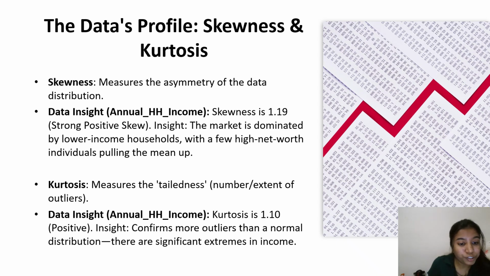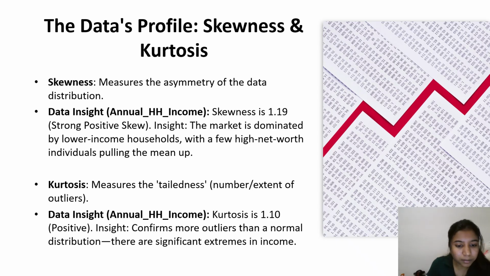Now, for the shape of the data, skewness and kurtosis. Skewness measures the asymmetry of the distribution. Our annual household income has a skewness of 1.19. Since it's positive and greater than 1, this indicates a strong positive skew, meaning the tail of the distribution is longer on the right.